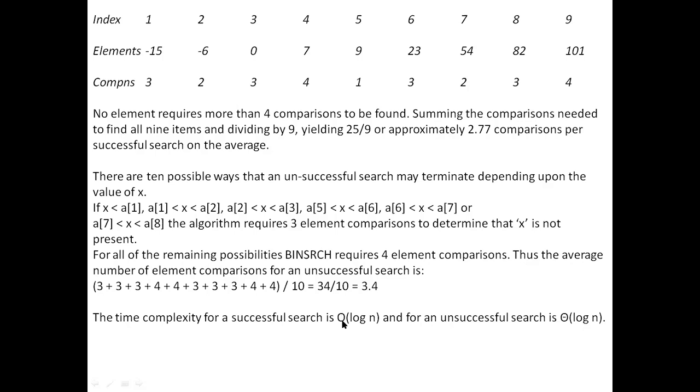Okay, that's how we compute the complexity of this binary search. In the worst case, it will become order of log n. In the best case, it will become theta of log n.